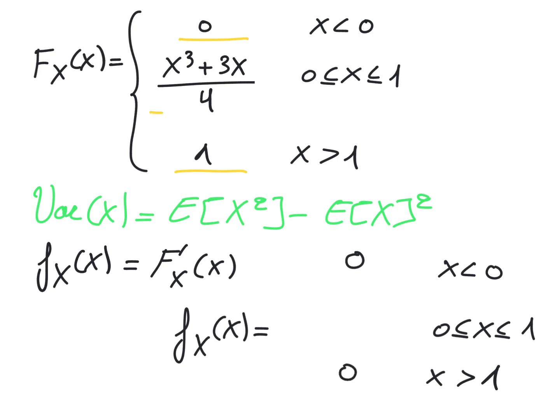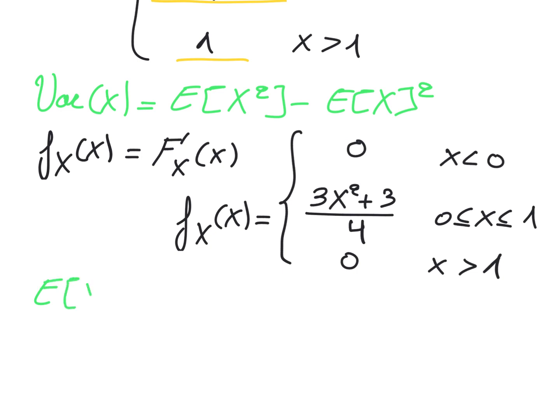Then the middle part, well, here we actually have to compute a derivative. x to the power 3 plus 3 times x over 4 gives us, of course, 3 times x squared plus 3, over 4. And so this is the density function that we need.